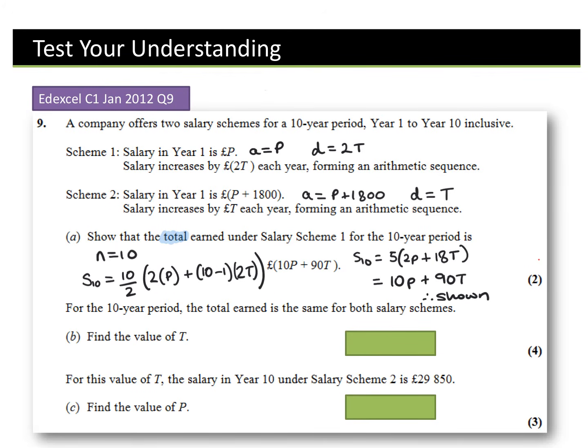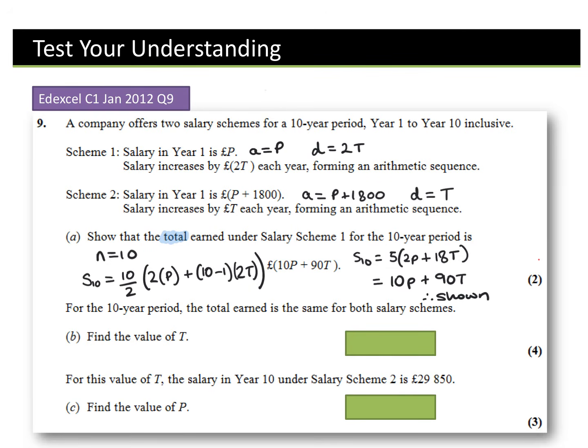It now says, find t, for the 10-year period, the total earned is the same for both salary schemes. We know scheme 1 is 10p plus 90t for 10 years, so we need to find the sum of 10 years for the second scheme, and then we will have a simultaneous equation, and then we can find it out.